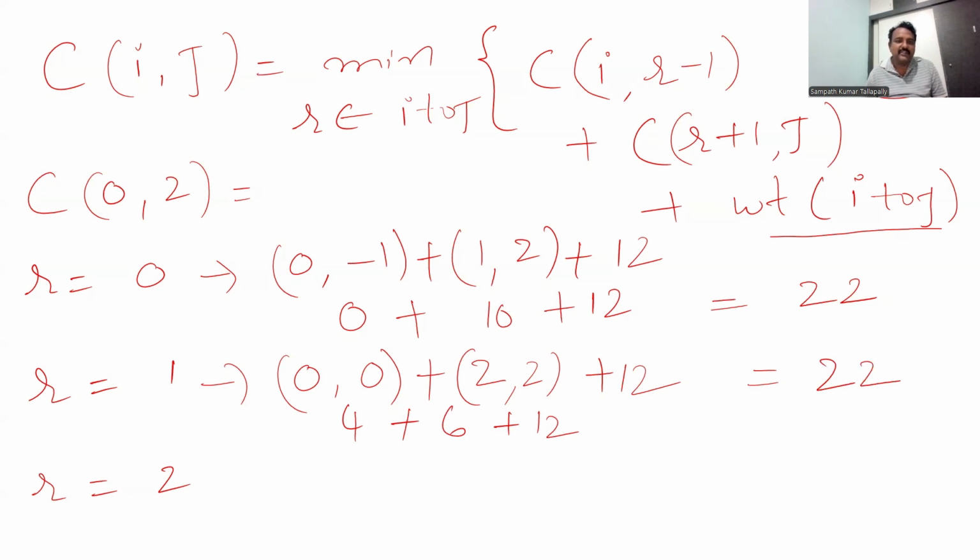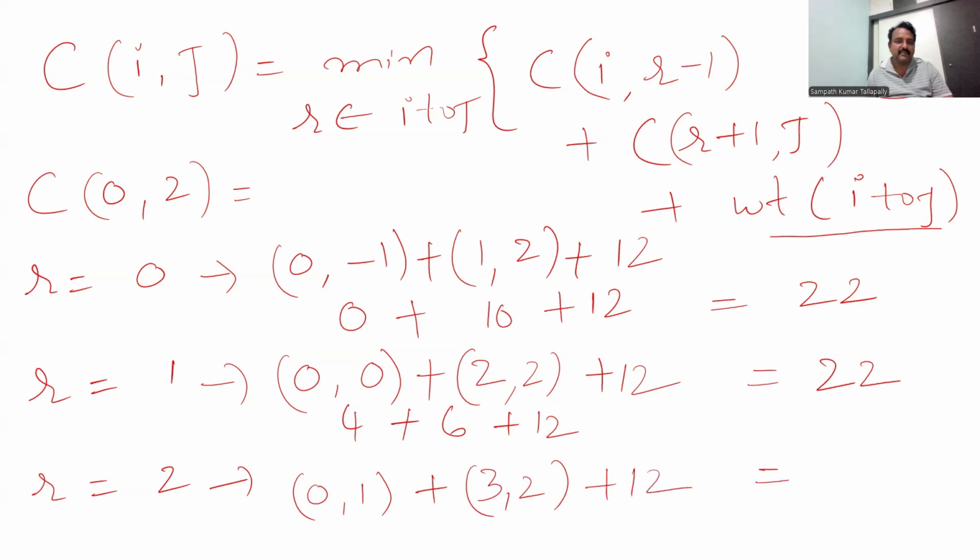Okay. Now we are going to calculate when the value of my R is equal to 2. So if I calculate my R is equal to 2, this is equal to 0, 1 plus 3, 2 plus 12.